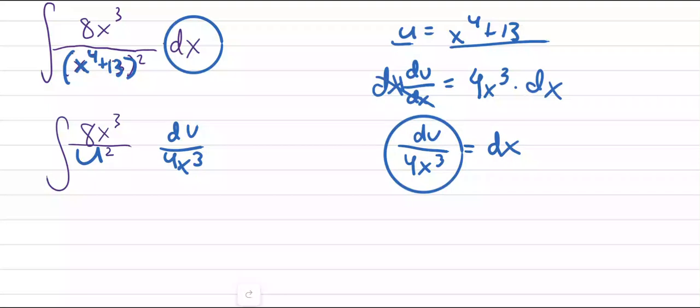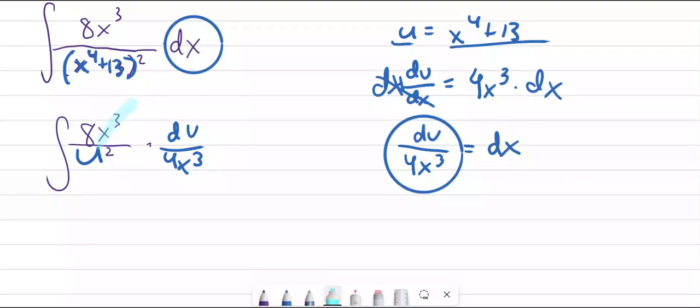And I'm trying to put the replaced stuff in blue just so we can see what we switched out. So where we used to have a dx, we put something equal to dx, we substituted. And where we used to have x to the 4th plus 13, we put our choice for u back in there. And then we'll see if anything cancels out.